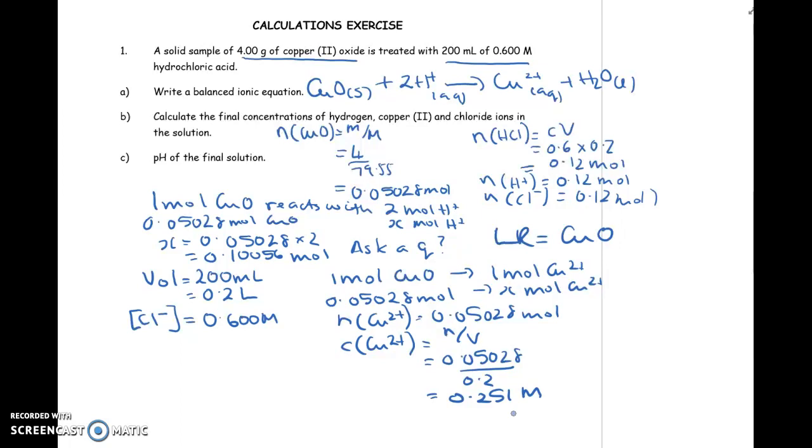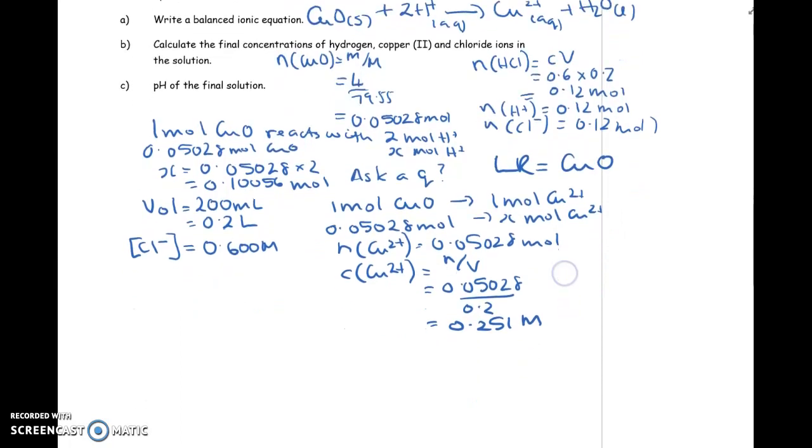Now we're going to do the harder part. We're going to find the concentration of the hydrogen ions. So we know that 1 mole of copper oxide requires 2 moles of hydrogen ions.